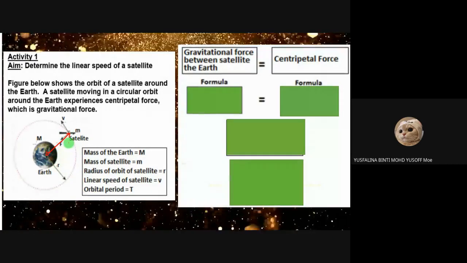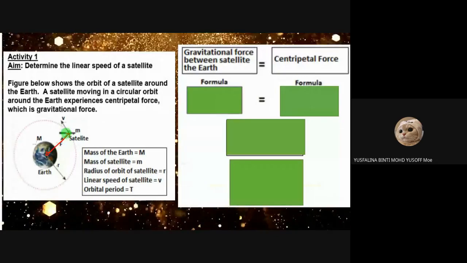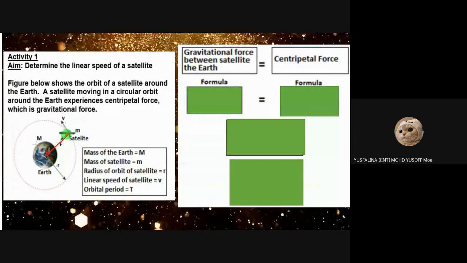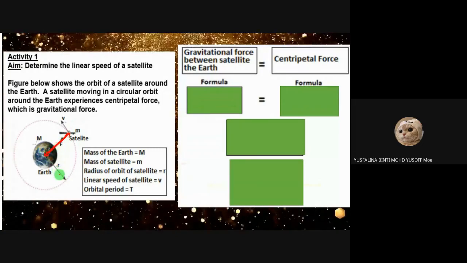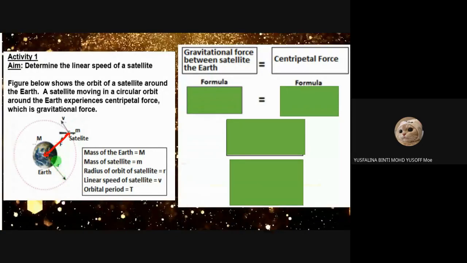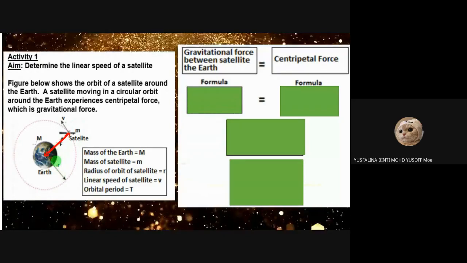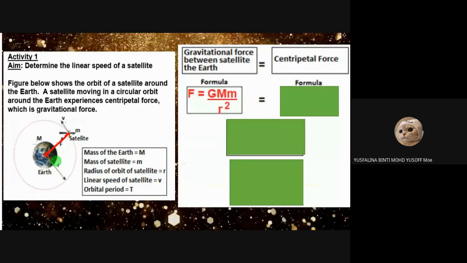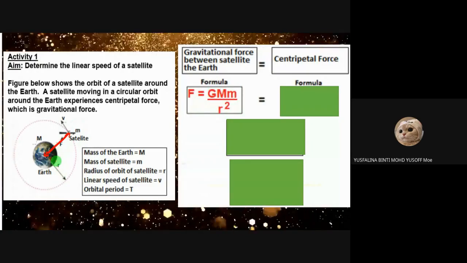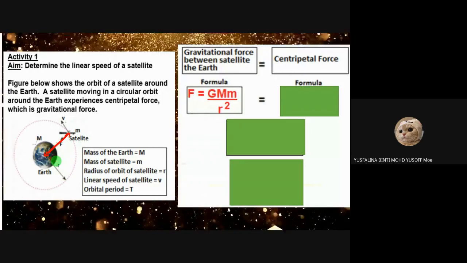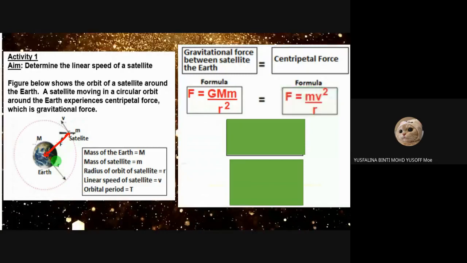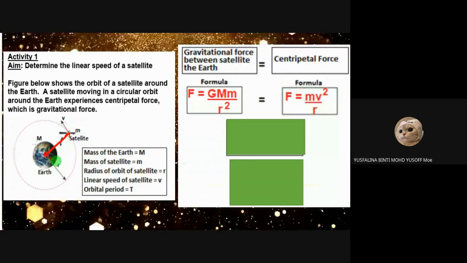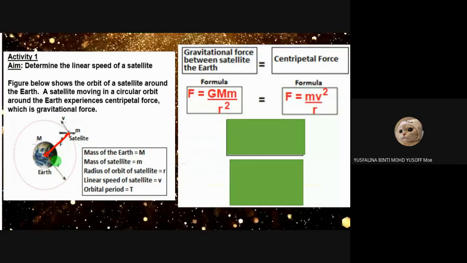And the centripetal force is acting towards the center of the orbit, so it's acting towards the Earth. So we can equate the formulas. F equals GMm over r squared is the formula for the gravitational force, and it equals the centripetal force, that is F equals mv squared over r.